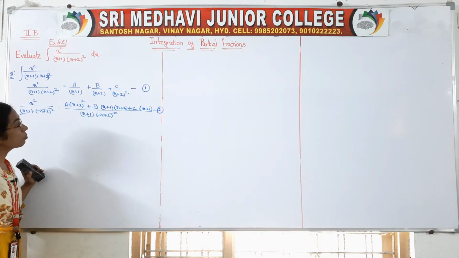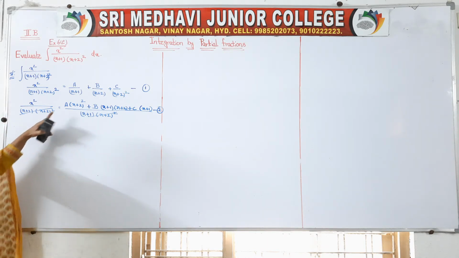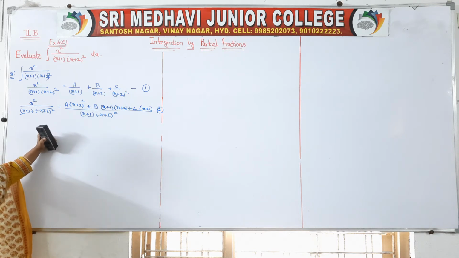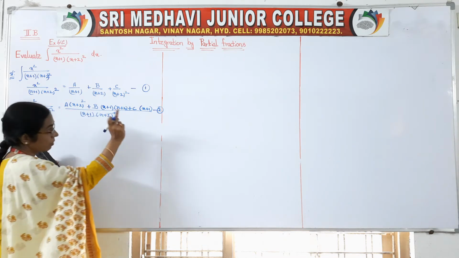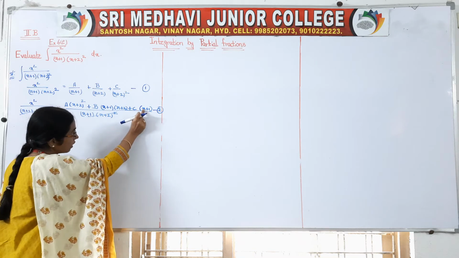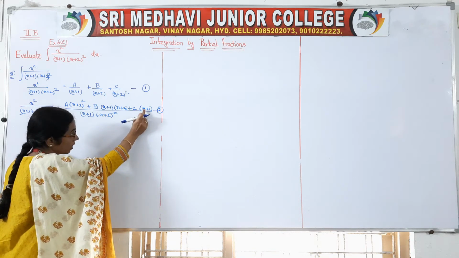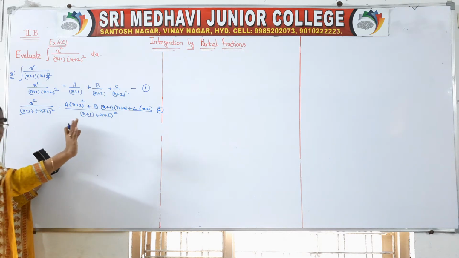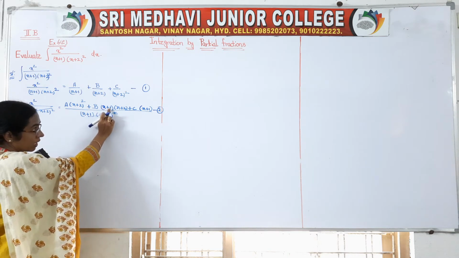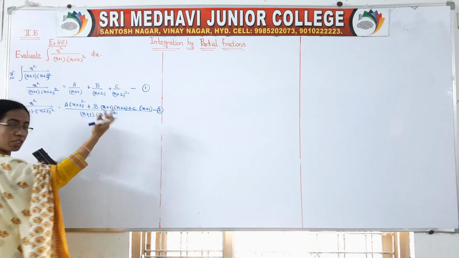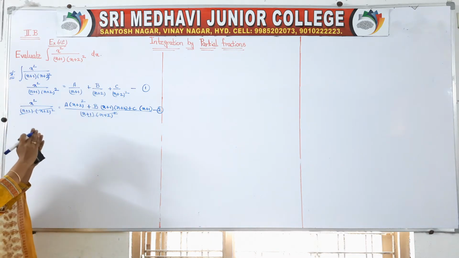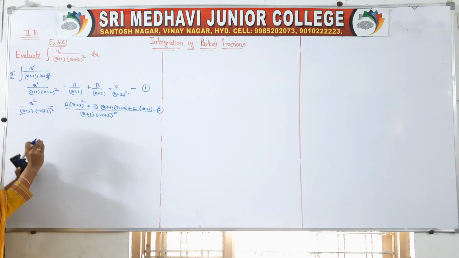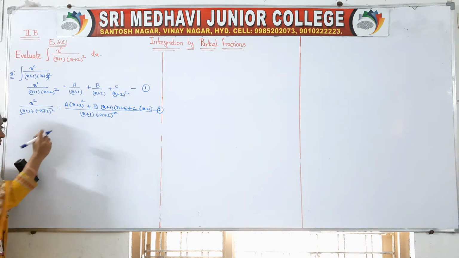Suppose I want to get the A value, B and C should cancel. So how can we cancel the B and C values? If I take x is equal to minus 1, what happens? Minus 1 plus 1, 0, 0 into C, 0. Here also, minus 1 plus 1, 0, 0 into something, 0. So your B and C will get cancelled and you will get your A value. Like that we have to select our x value.